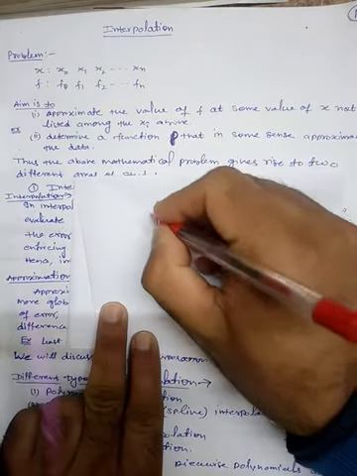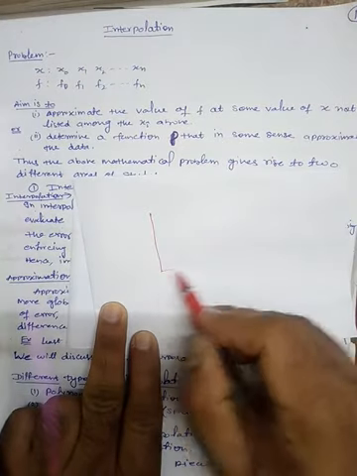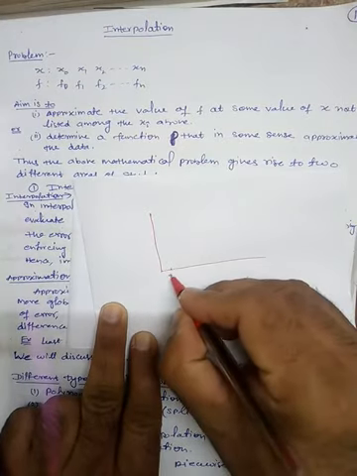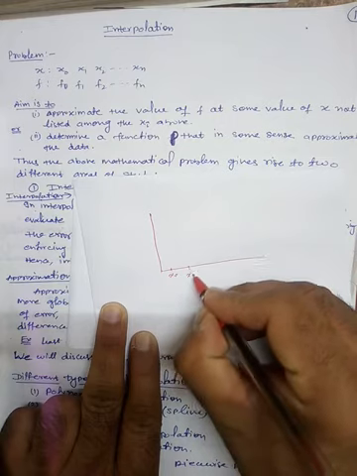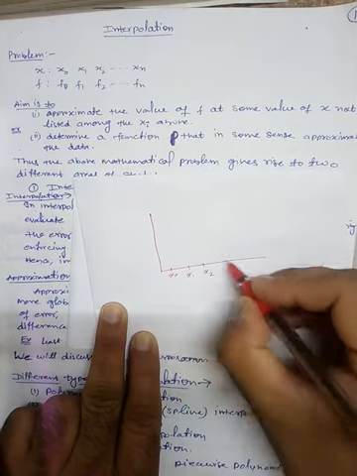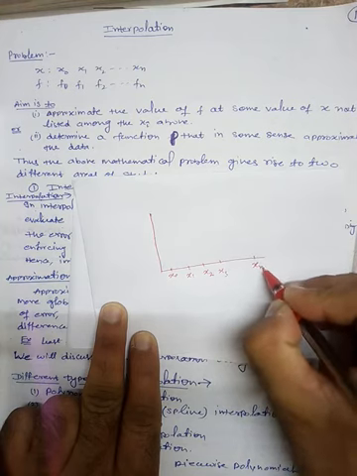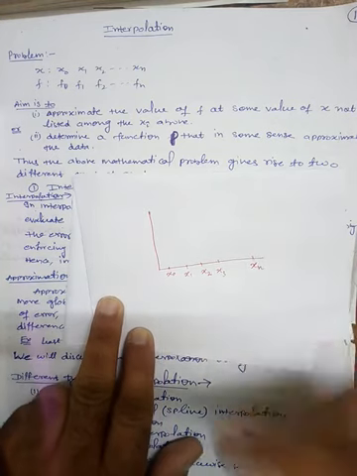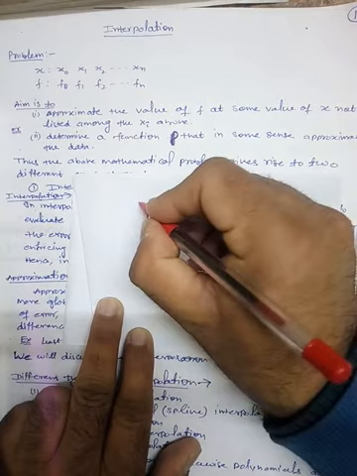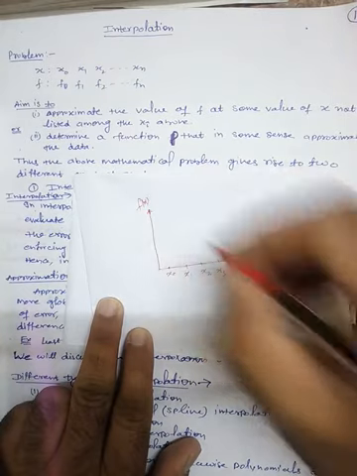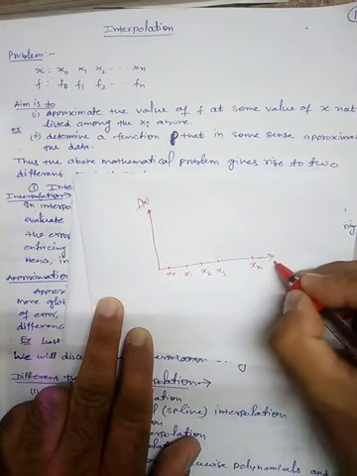Okay, so what is the graphical way? Graphical way is like this. We have this data. Here we have x0, x1, x2, x3, and somewhere xn. On the y-axis here we have basically f of x. Here is x.